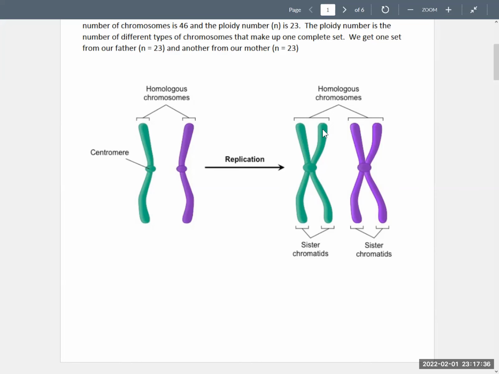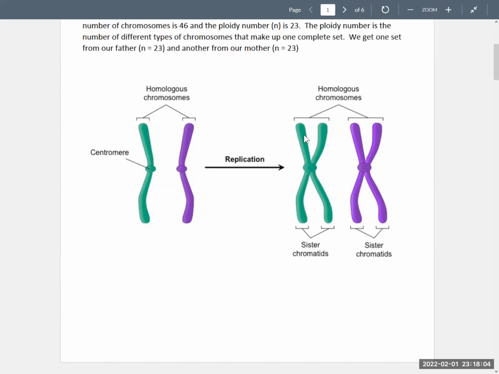A lot of times the book will show it happening only once, but then it can happen again and cross over farther or farther still. It's like shuffling a deck of cards. The more you shuffle it, the more random everything is going to be. And so you're going to get randomization. This chromatid may shuffle with this one.